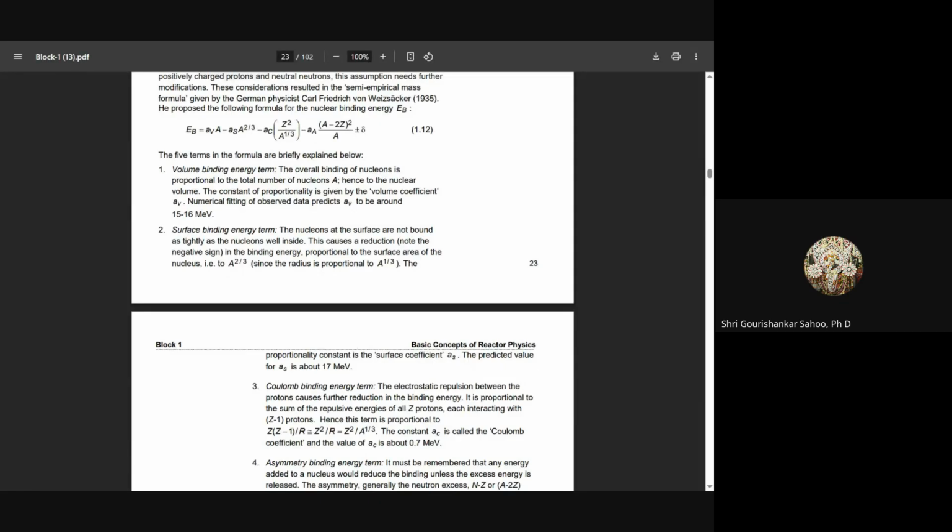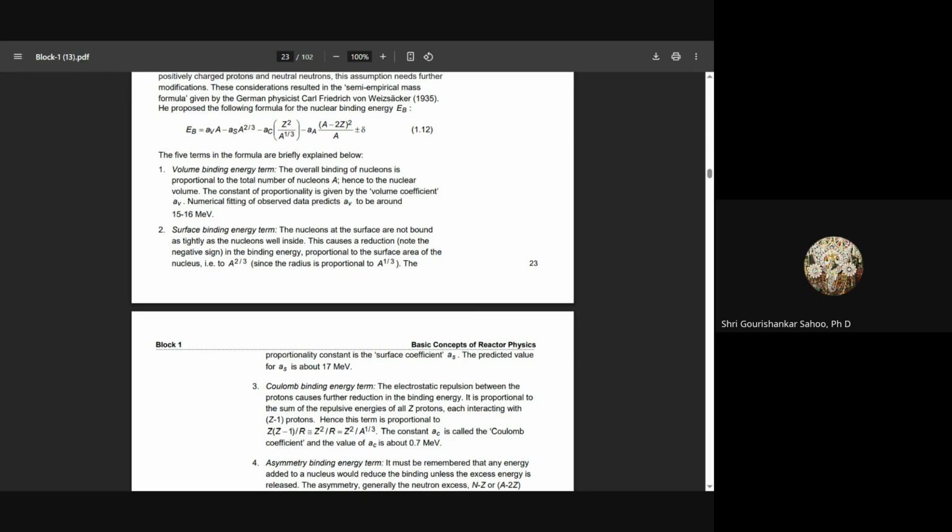The semi-empirical formula for the binding energy to explain this nuclear liquid drop model was given by the German physicist Carl Friedrich von Weizsäcker and is known as the semi-empirical mass formula.